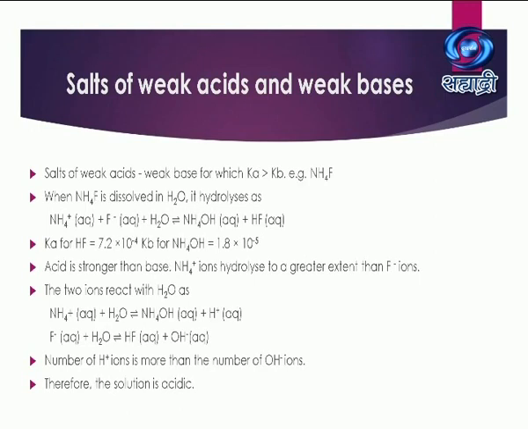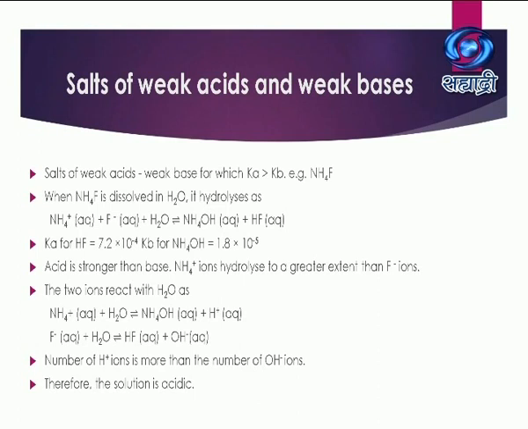And now the last example is ammonium fluoride, NH4F, where Ka is greater than Kb. Now ammonium fluoride includes which weak base? NH4OH, ammonium hydroxide. Its dissociation constant Kb is 1.8 into 10 raised to minus 5. And which acid is present?